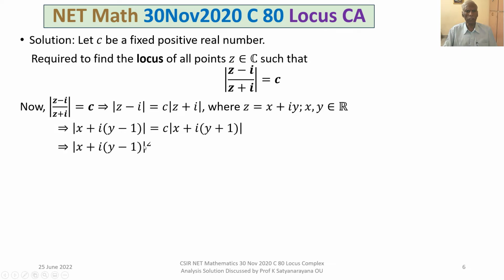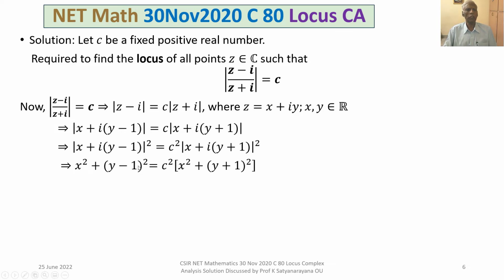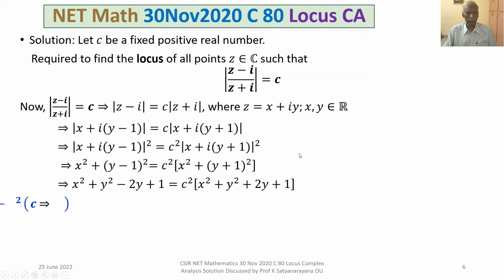Squaring on both sides, and knowing that modulus of (a plus ib) whole square is equal to a square plus b square, this gives x square plus (y minus 1) whole square is equal to C square times (x square plus (y plus 1) whole square). Now, send these terms on the left hand side to the right hand side and simplify. We will get the following.